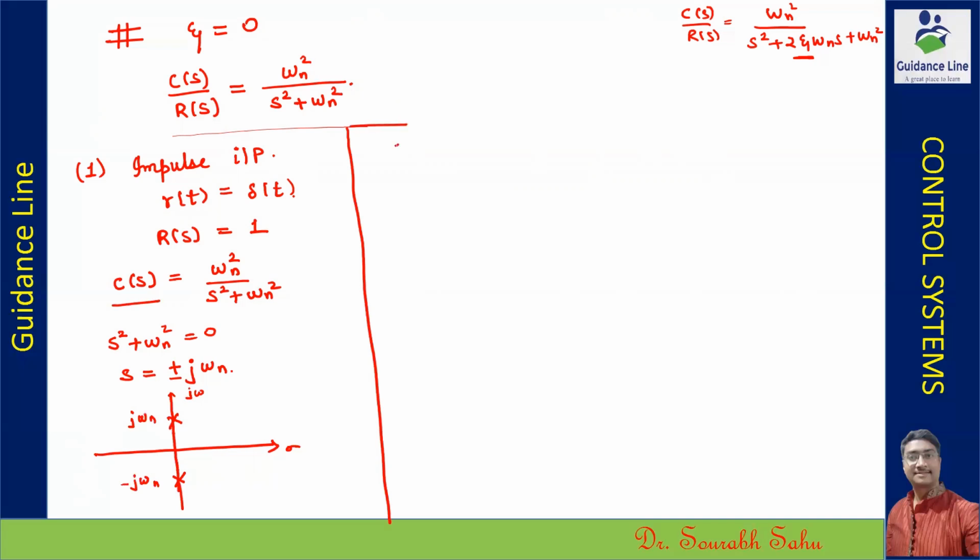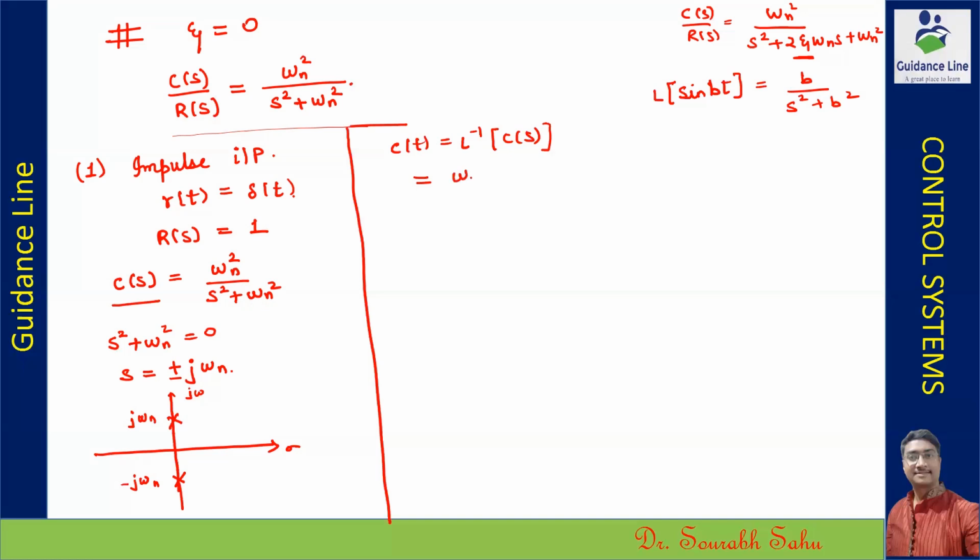So now c(t) is the Laplace inverse of C(s). One expression over here: suppose I want to calculate the Laplace transform of sine of bt. Its expression is b divided by s square plus b square. So over here, in place of b we have omega n, and we have omega n square in the numerator also.